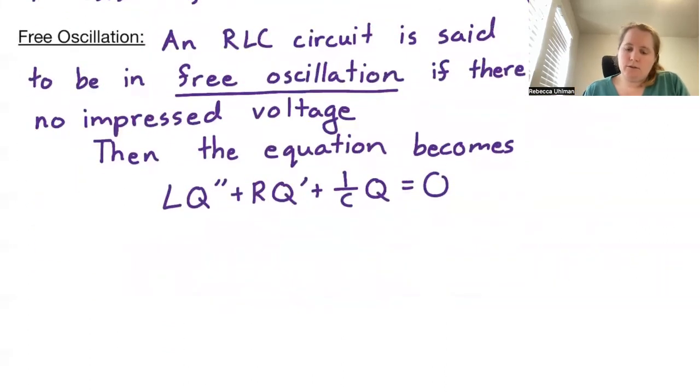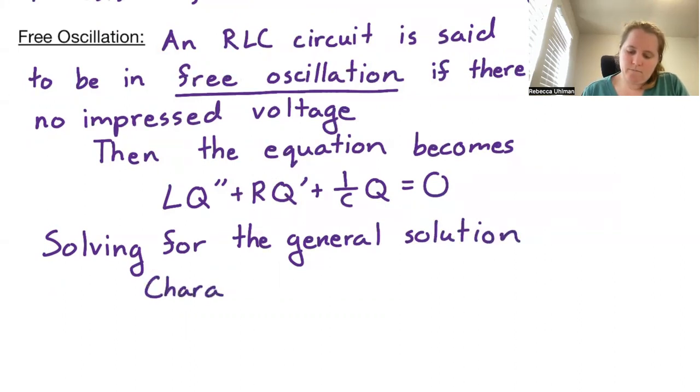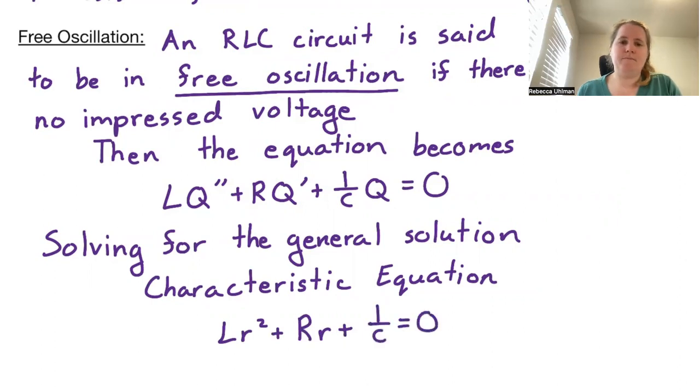So solving for the general solution, we have characteristic equation L r squared plus R r plus 1 over C is equal to 0.